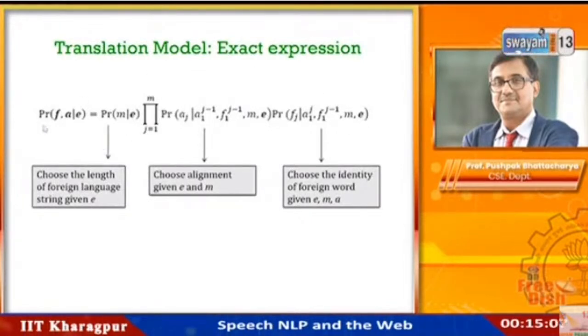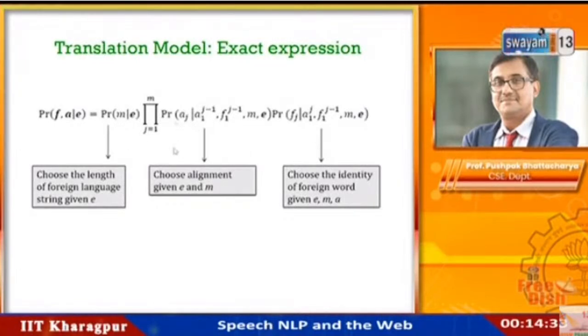But mathematics being done, there are interesting components in this formula. In our search for the maximum probability English string, given the French string, the guiding factors are the length of the French string, the alignment probabilities, and the probability of the target language word being conditioned by many different parameters, many different variables.